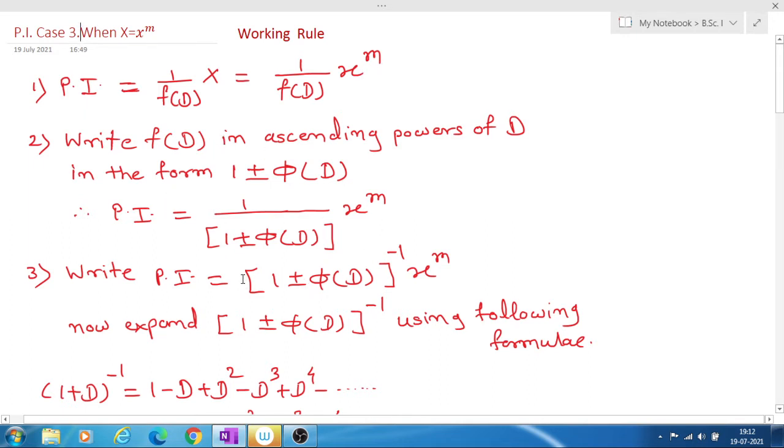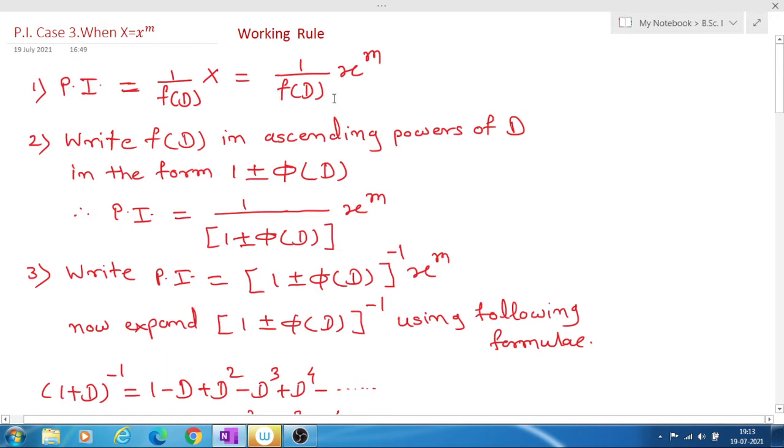So how to find PI? There are some steps or a working rule. First we write the formula for PI, that is PI is equal to 1 upon f(D) into capital X. You know this formula.